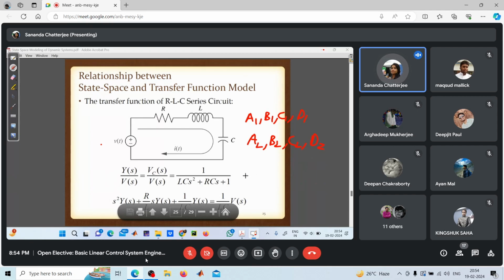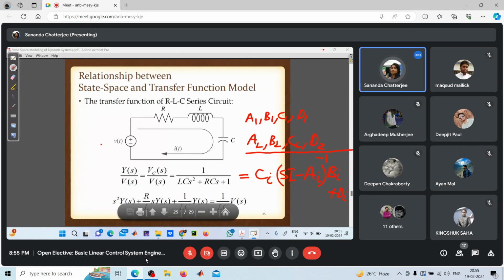if you find the transfer function, which is actually equal to Ci into (sI minus Ai) inverse into Bi plus Di. This i suffix I am writing for the different representations. You can have 1, 2, 3, 4, so many representations of the same system. This is the transfer function equivalent of a state space representation.